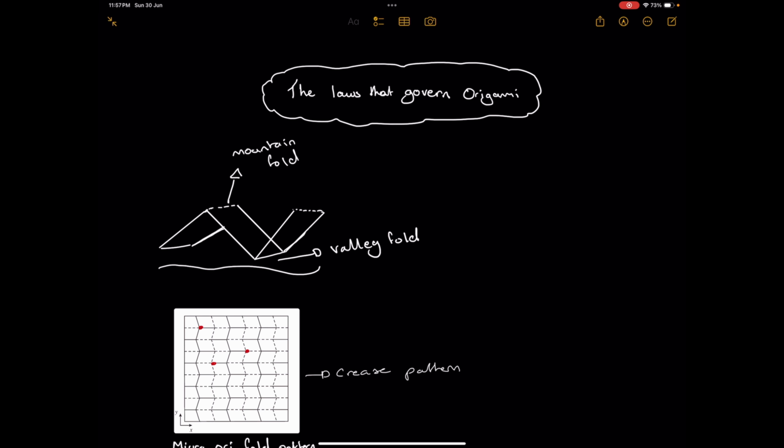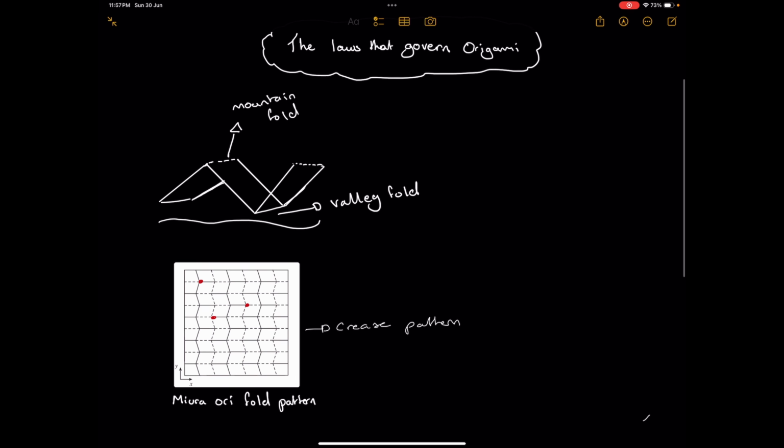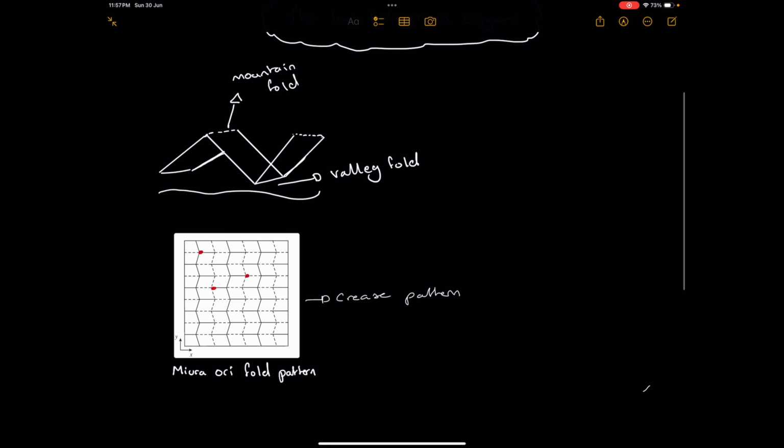So to begin, before we move on to looking at the laws that govern origami, let me just introduce you to some new key terminology that you need to continue on this series.